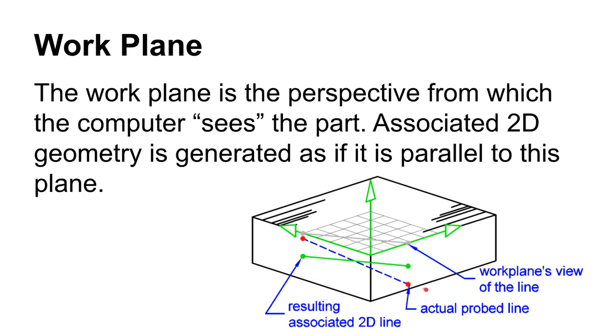So here, if we probe 2 points and we said put a line between those 2 points, you might expect that line to be tipped down like this, but if we have this work plane active, what it will do is find the geometric center of where that line is, the centroid of that line, and it will put the line at that level aligned with the work plane.